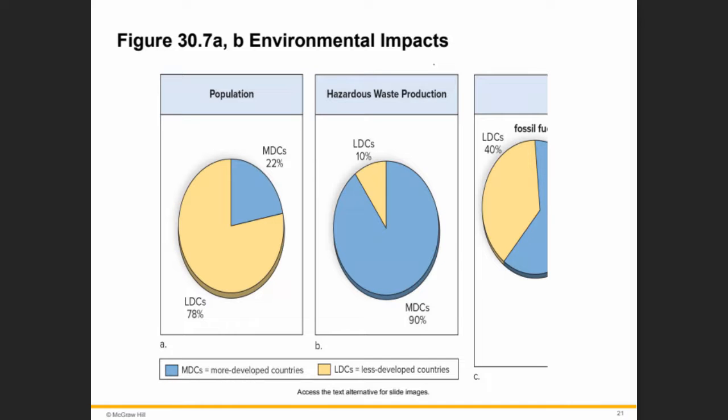The second pie shows hazardous waste production: 90% for the most developed countries and 10% for the less developed countries. The third pie shows consumption of fossil fuels: 60% for the most developed countries and 40% for the less developed countries.